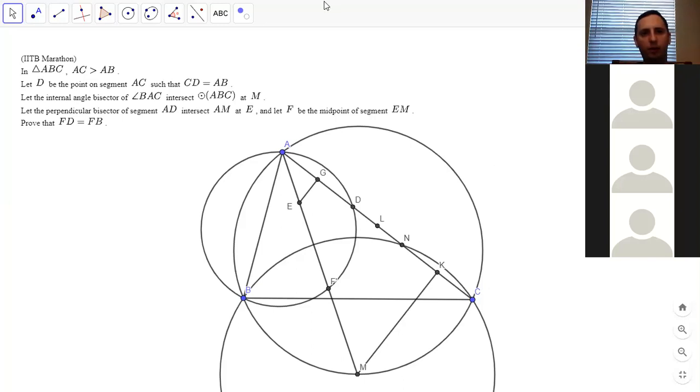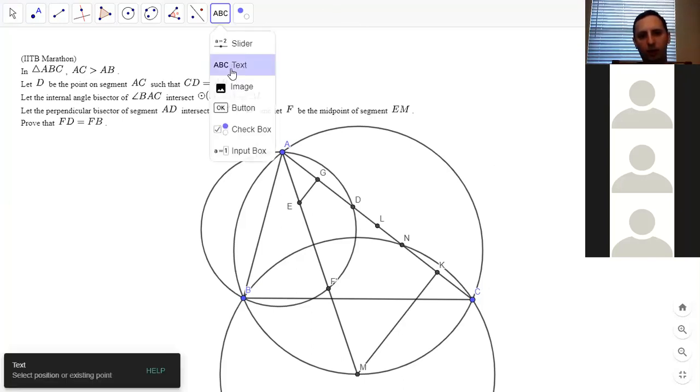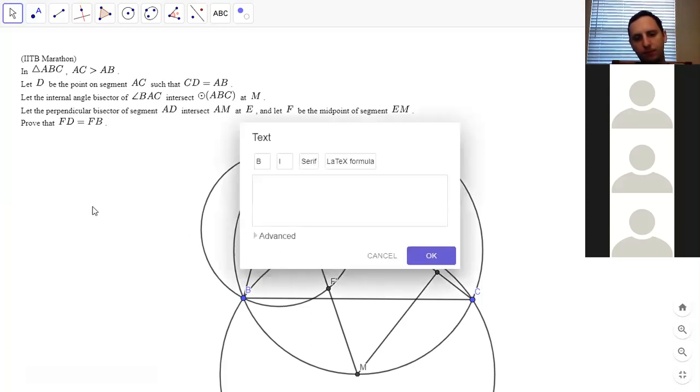So yeah, first I'll write out what we proved so far so you don't forget it. Since AM is an angle bisector, that means that AB equals AN.